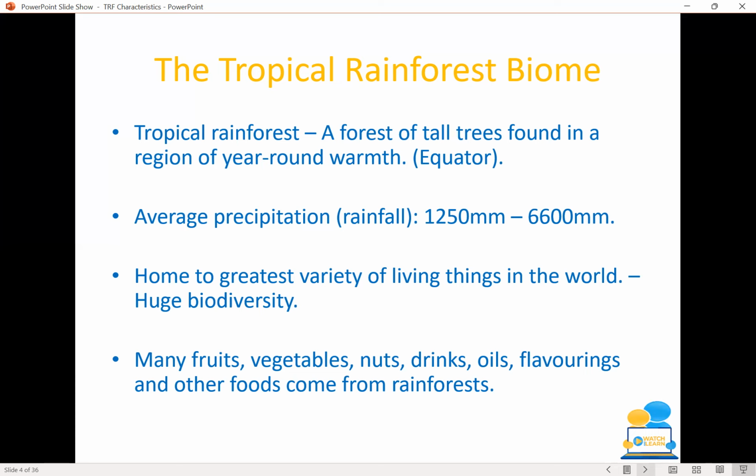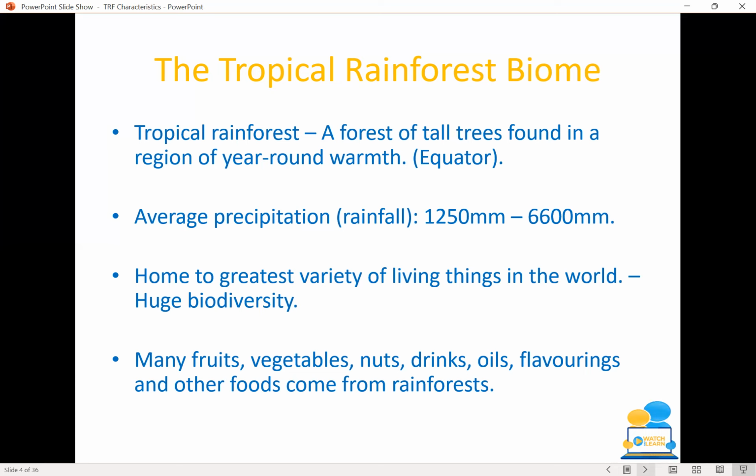We've got many fruits, vegetables, nuts, drinks, oils, flavorings, and other foods that come from the rainforest. So a huge amount of foods and resources are found in the rainforest. As a result, it's a very sought after area in terms of cutting down trees and trying to take a lot of these resources from the rainforest.